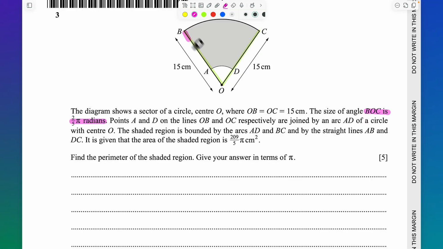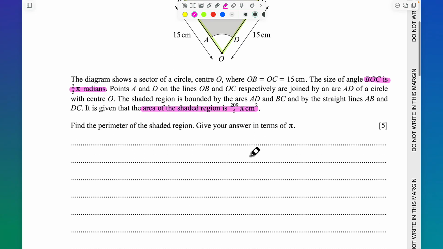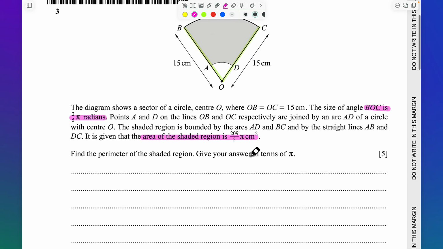So there's this line, that line, that line, and that line. It is given that the area of the shaded region is 209 pi over 5, which is very interesting. Now, the question is, find the perimeter of the shaded region. Keep your answer in terms of pi.